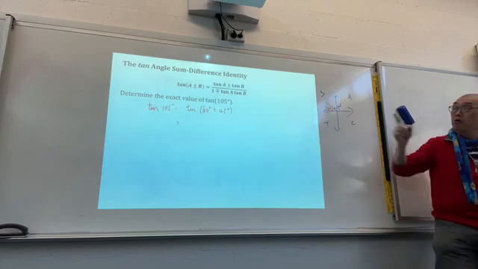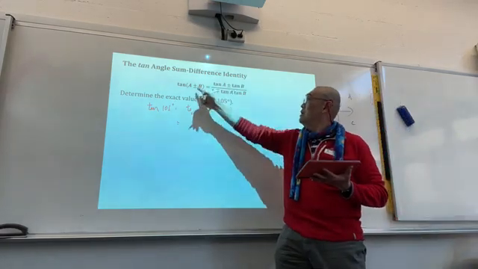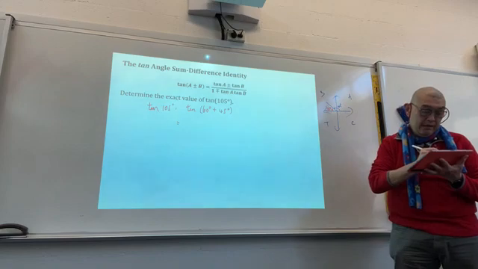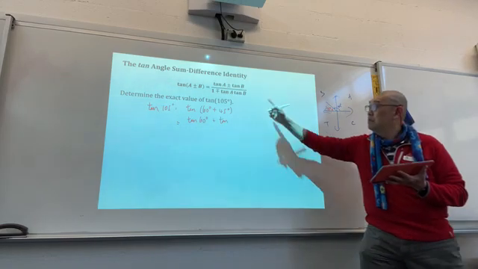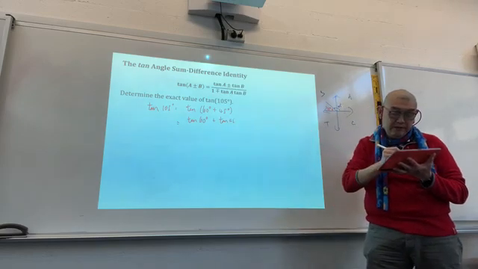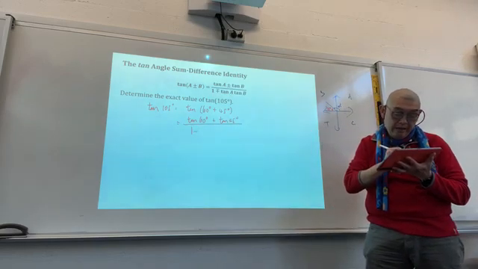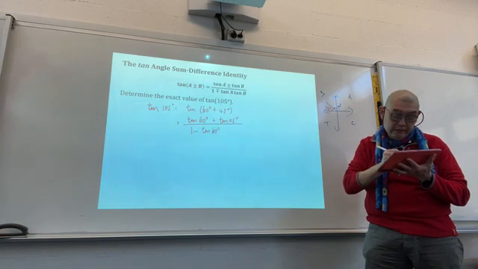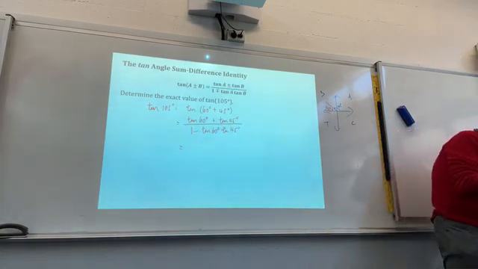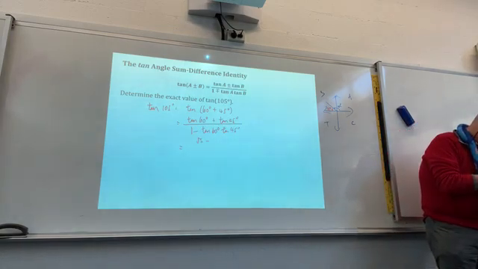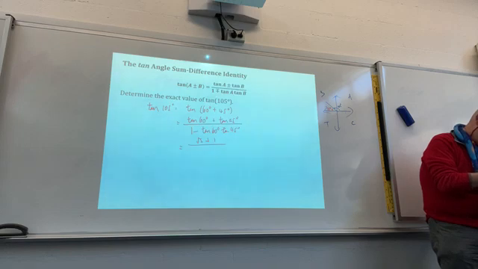So here, tan A plus tan B: tan 60 degrees plus tan 45 degrees over 1 minus tan 60 degrees tan 45 degrees. Tangent of 60 degrees is root 3 and tan 45 is 1. So equals root 3 plus 1 over 1 minus root 3 times 1.